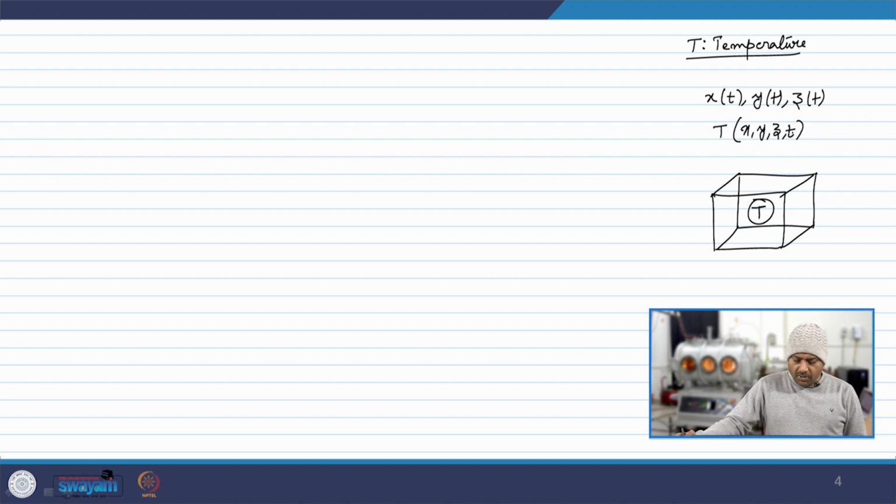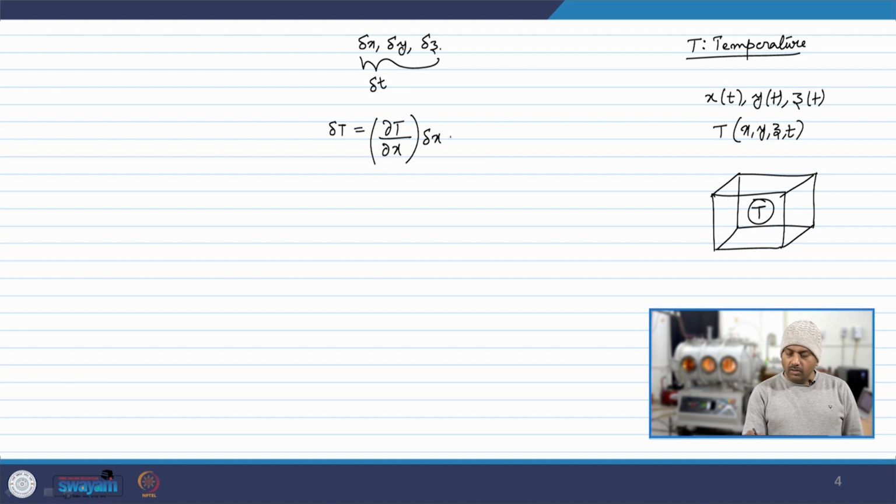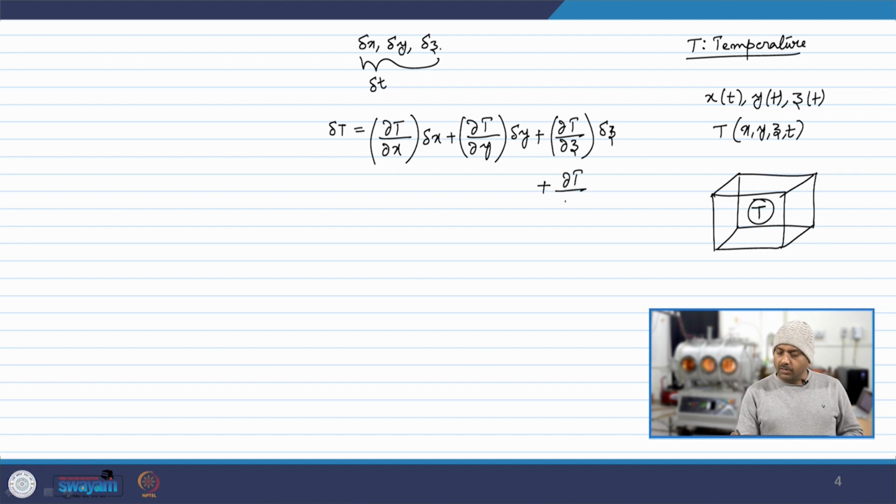Okay. So, if the parcel moves an incremental distance from x, y, z, t by delta x, delta y, delta z, and this incremental displacement in position happens over an incremental time delta t, the temperature change that can be observed within this control volume, delta capital T, could be the partial change of temperature with respect to x, ∂T/∂x into delta x, and partial change of temperature with respect to y into delta y, plus partial change of temperature with respect to z into delta z, plus the partial change of temperature with respect to time itself, right.